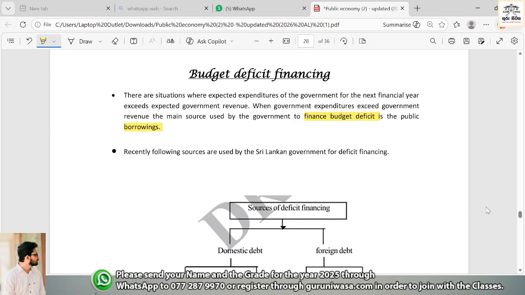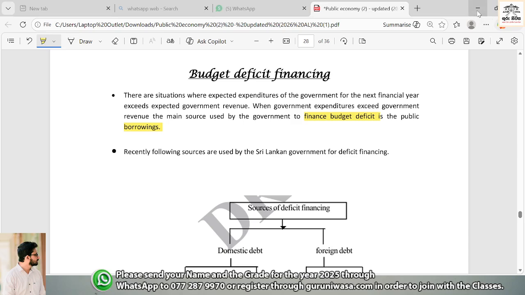Then you might be thinking, sir, if there is a budget surplus, doesn't the government have to borrow funds? What are your thoughts?